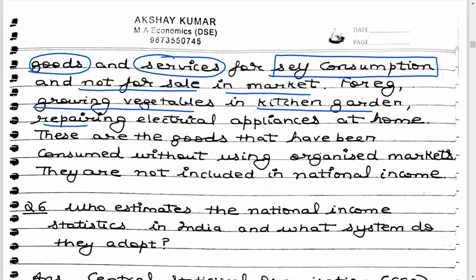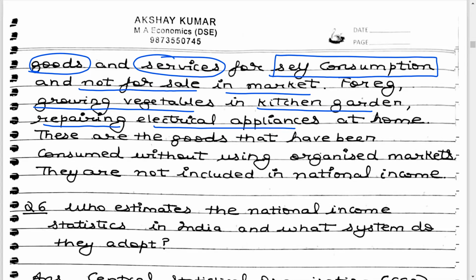Similarly, if you are repairing electrical appliances at home, and you are not a proper electrician, that means you are doing this just for your own home, not as a job, it's a non-market activity. Now, if an electrician goes to a home to repair electrical appliances, he is getting paid for it. That is a market activity. But if I am repairing my own electrical appliances at home, there is no market involved here.